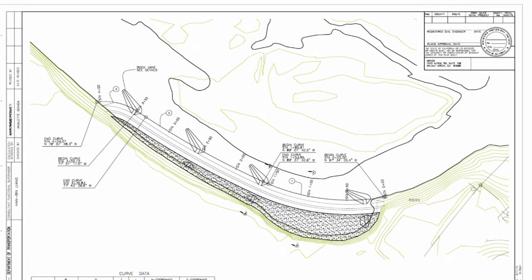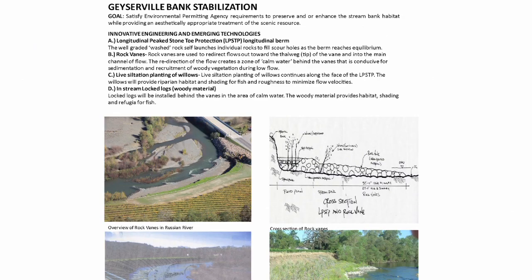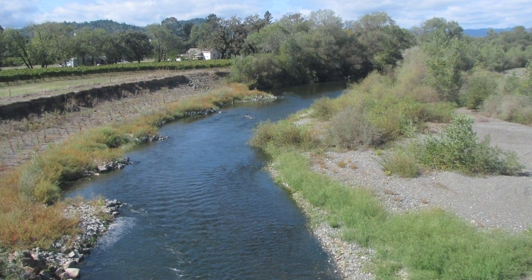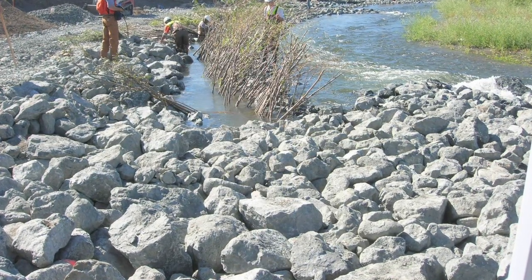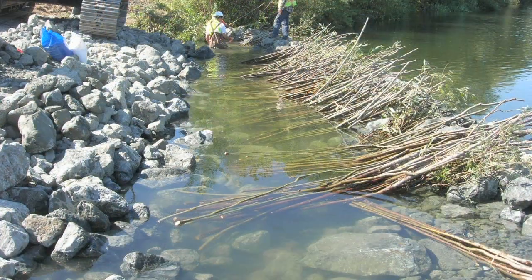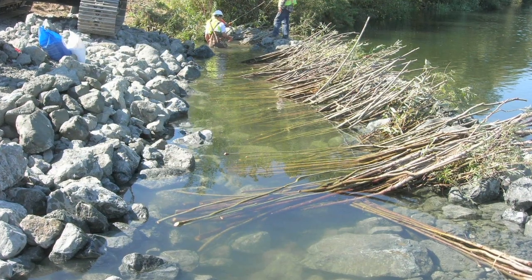This is a project where there was erosion and scouring occurring at the west end of the Geyserville Bridge. What was innovative about the work here is the normal way or traditional way of engineering for this kind of fix is to place rock slope protection. However, in this case, the permitting agencies wanted a solution that was more environmentally compatible.